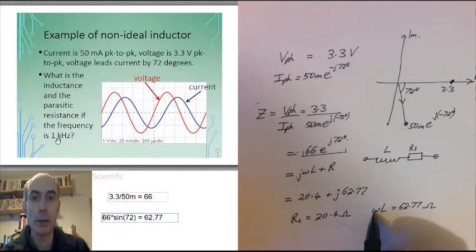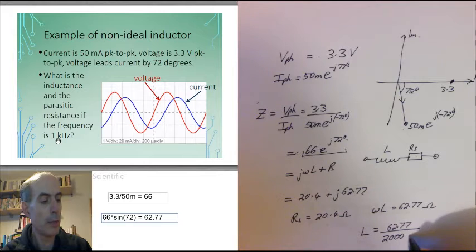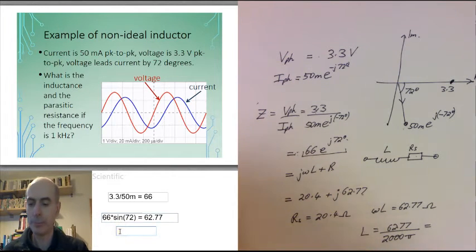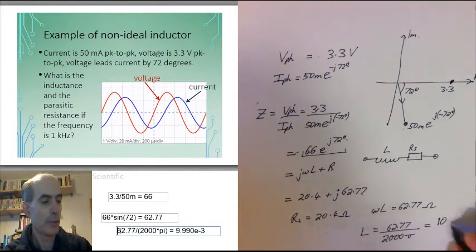omega will be 2 pi times 1000, so L is 62.77 divided by 2000 pi, the value of the inductance in this case, as near as makes no difference, 10 millihenries.